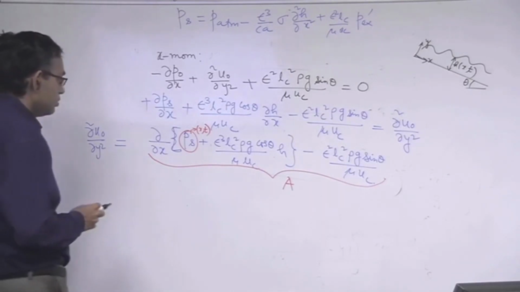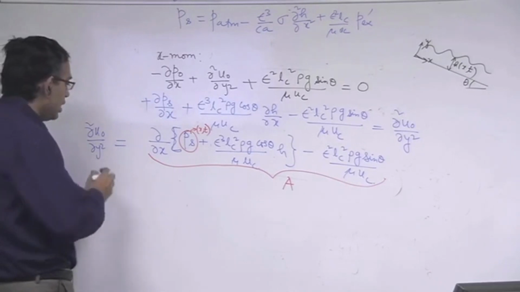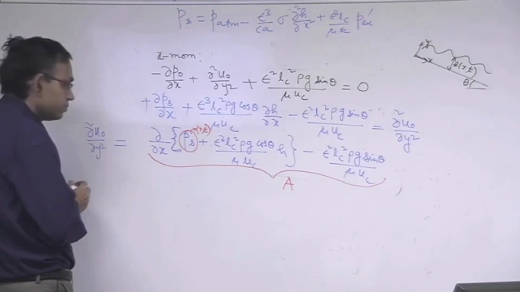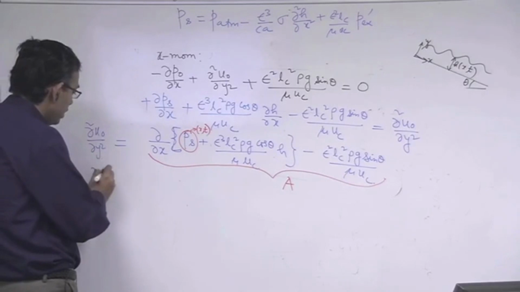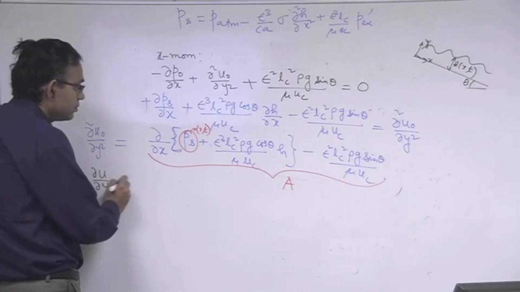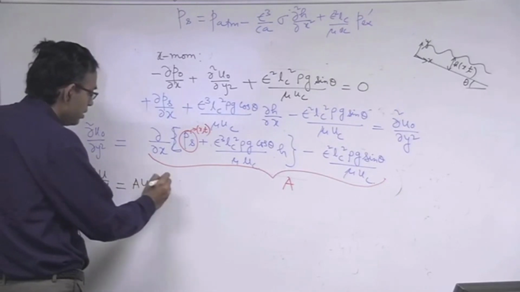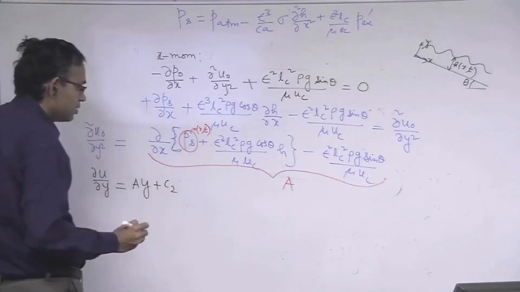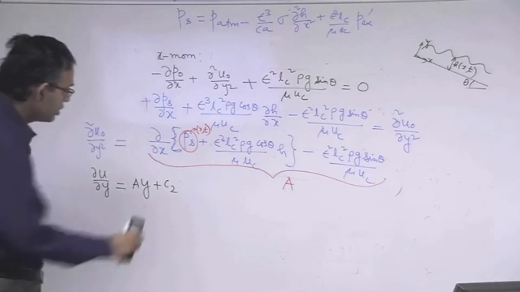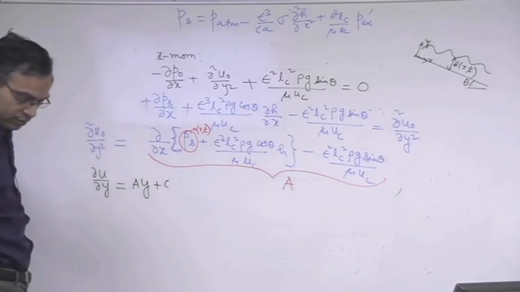Now, we will integrate it with respect to y. So, del u del y is equal to A y plus, we have not used C1, so we can use C1.